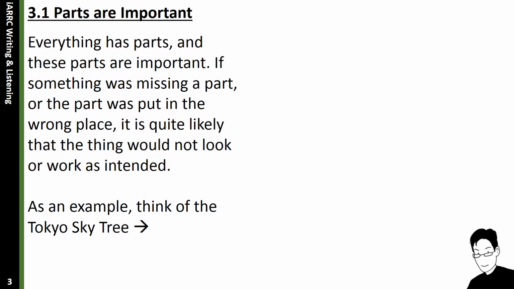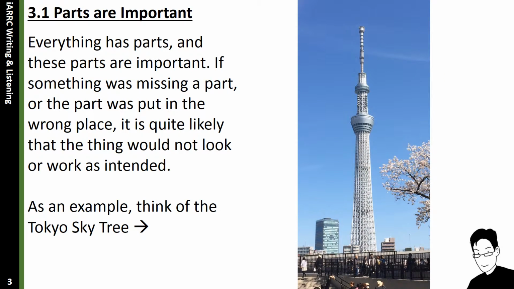As an example, think of the Tokyo Sky Tree. We know that the Tokyo Sky Tree is made up of many, many parts. You can see the structure looking at it here. There is a big central column surrounded by flexible, latticed beams and bars, and they are all tied together in a very specific structure.